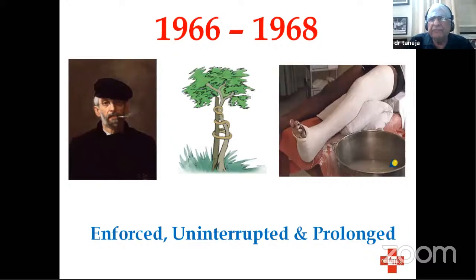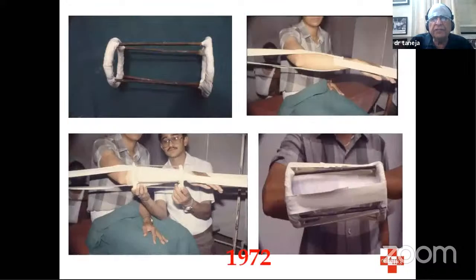When we were students, in 1966, when I joined orthopedics, that was the main teaching, how a fracture will unite. That was the standard teaching. Way back in 1972, I always wondered why we are all the time immobilizing the joint above and the joint below.